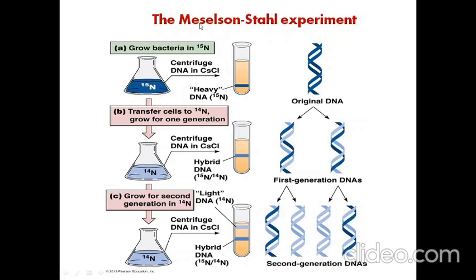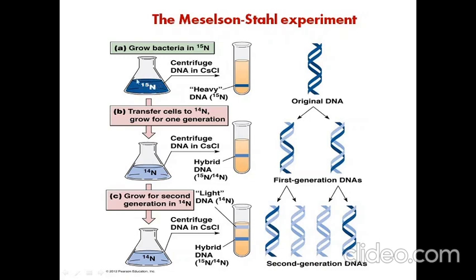But Meselson and Stahl grew the bacteria colony in a medium containing N15 nitrogen. So when DNA replication occurs in this medium, the bacteria will use N15 as the nitrogen source for nucleotide synthesis, and these nucleotides will be incorporated into their DNA.